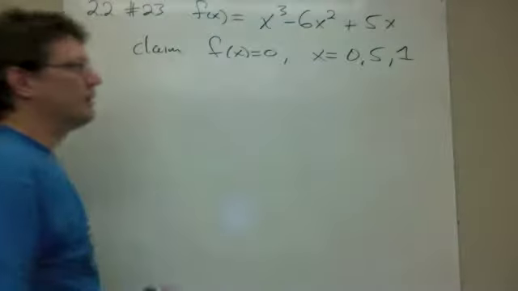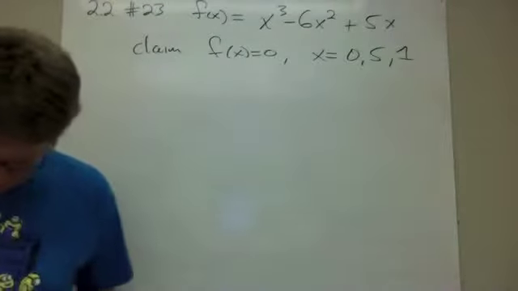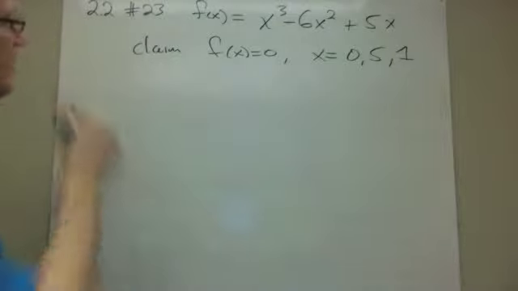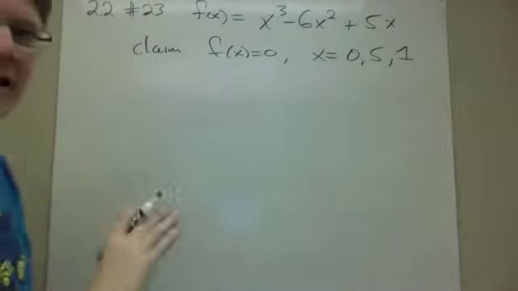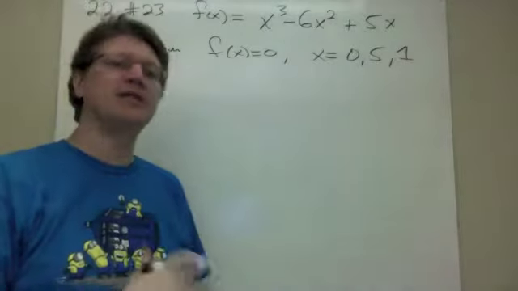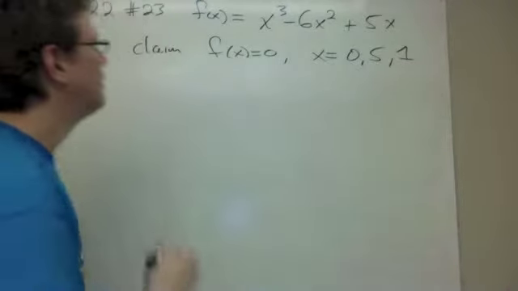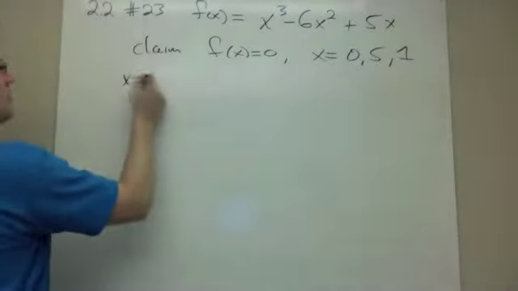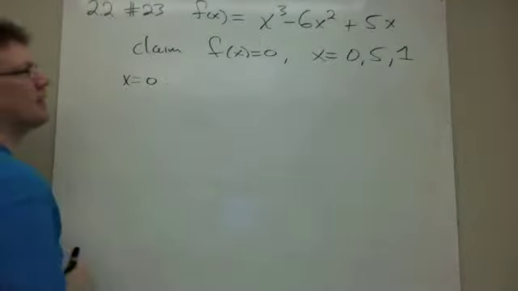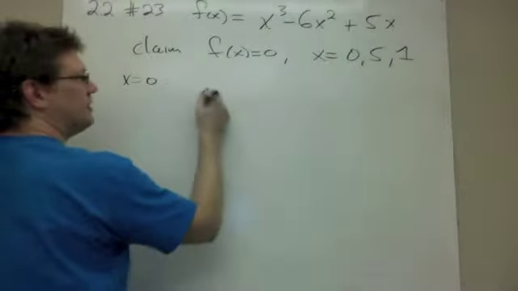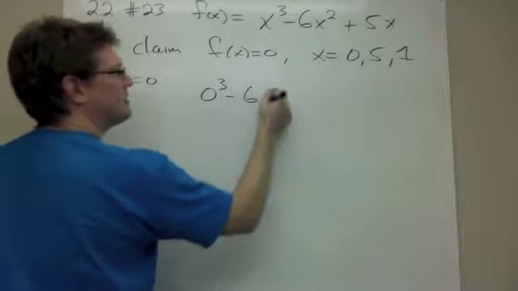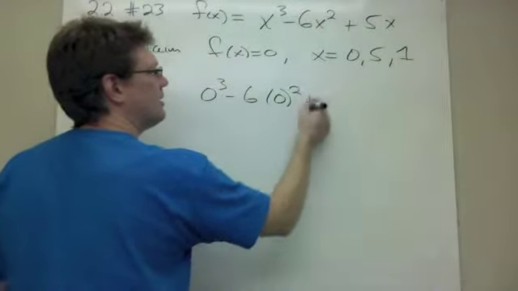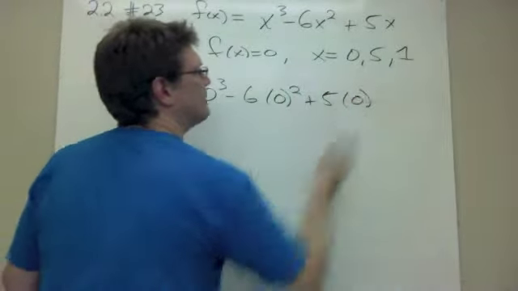Okay? Alright, so to check this algebraically, what we do is we plug these x values into the function and we see whether or not the function actually equals 0. So let's check x equals 0. It's going to be 0 cubed minus 6 times 0 squared plus 5 times 0.